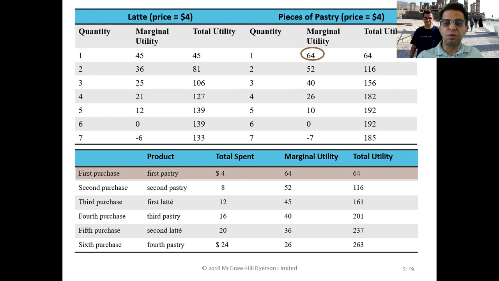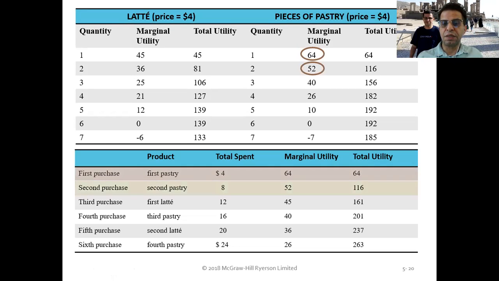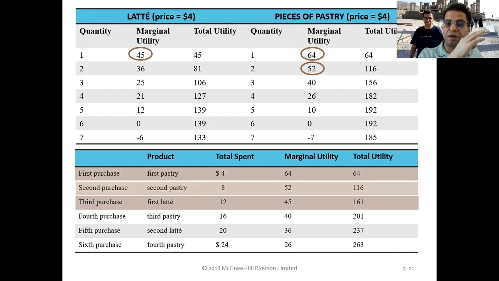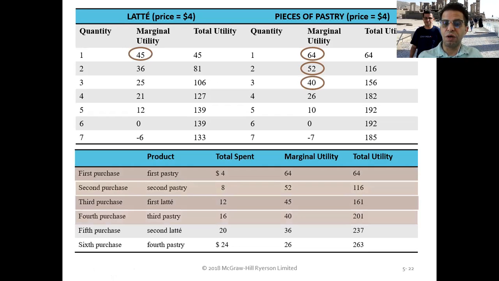So, as we say, the first one is 64. The second one, you go for 52 marginal utility. And the third one, because it's 45, you go with a latte. The fourth one is 40 marginal utility, but latte gives us only 36, so we selected 3 quantities of pastry and 1 latte.